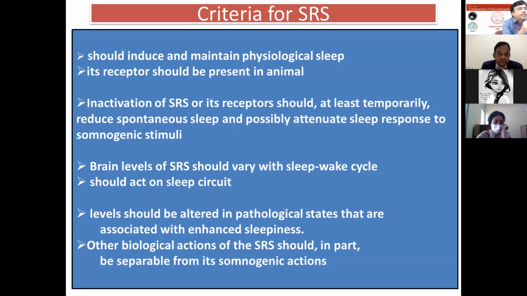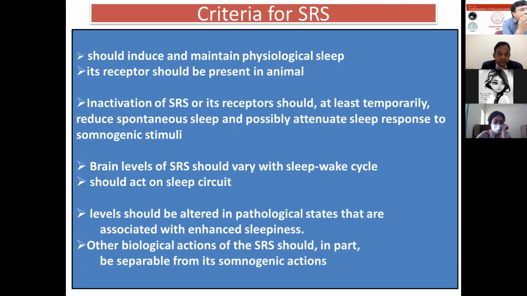Most important, the brain levels of these substances should vary according to the sleep-wake cycle. Whenever we are in wake behavior, these sleep regulatory substances should come down, and whenever we are in sleep, they should increase.